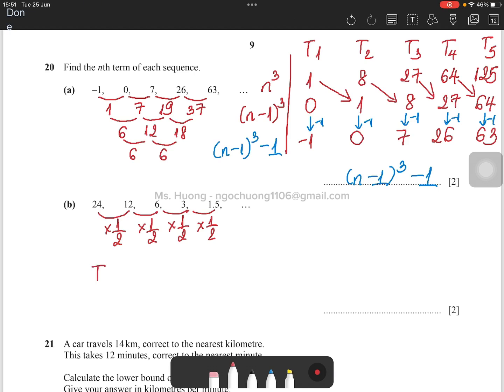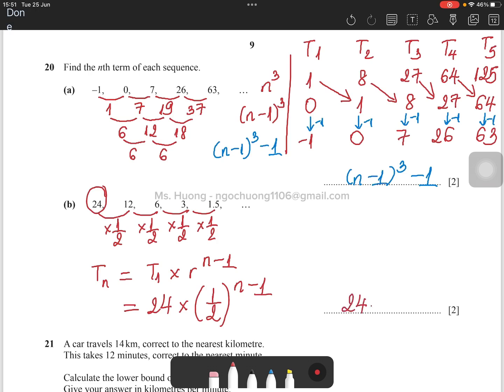And in an exponential sequence, the formula is Tn equals T1 times the ratio to the power of n minus 1. T1 in this case is 24. And the common ratio is 1/2 to the power of n minus 1. So the answer is 24 times 1/2 to the power of n minus 1.